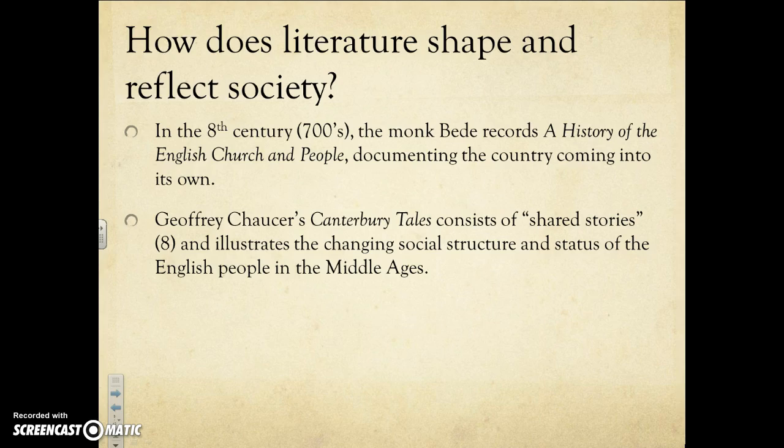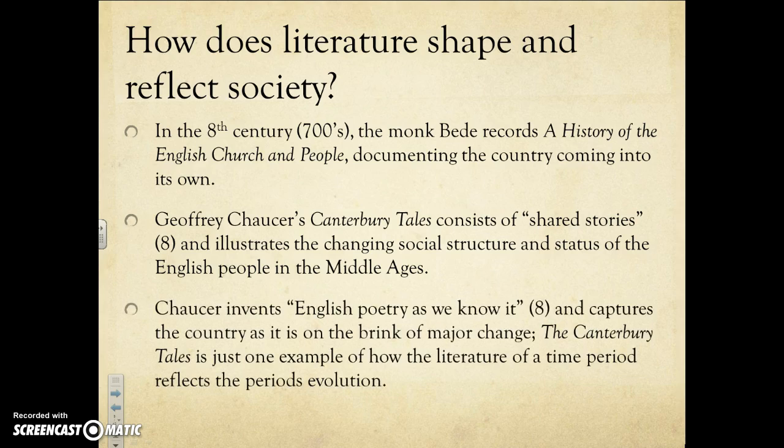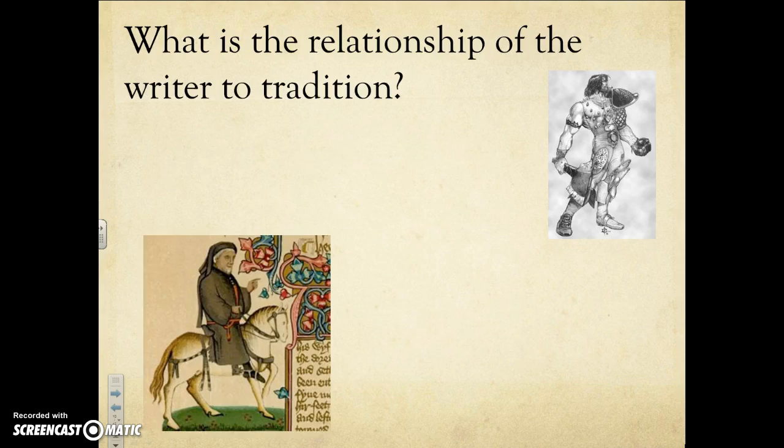He both illustrated and commented on the changing social structure in the Middle Ages. According to some critics, Chaucer invented English poetry as we know it, and he really captured what it was like to be in England at this time of major change. It's just one example of how literature of a time period reflected that period's evolution and change.